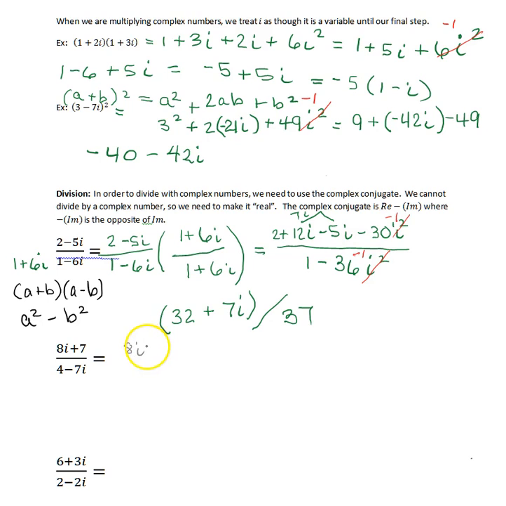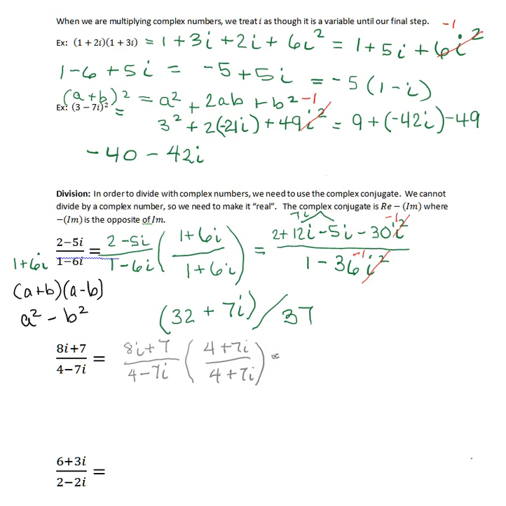Okay? It will get you the same number ultimately. So I have 8i plus 7 over 4 minus 7i times 4 plus 7i over 4 plus 7i.